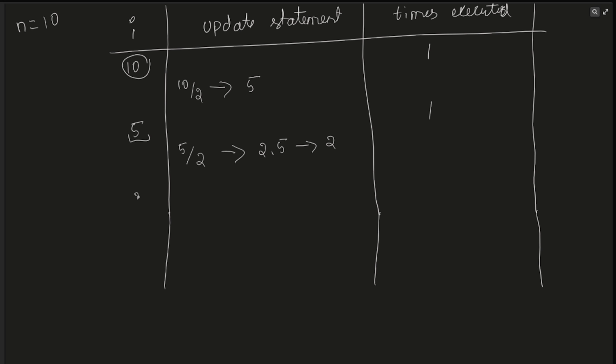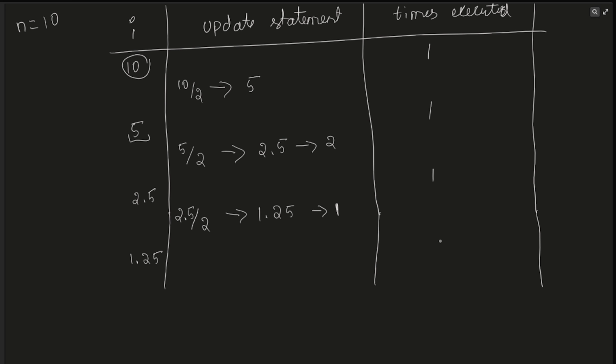Now I is 2.5. 2.5 is greater than or equal to 1. Statements get executed one time, and the update statement of the for loop gets triggered. 2.5 by 2 is nothing but 1.25, and this will be stored as 1 in an integer, but for understanding purpose we'll consider 1.25.